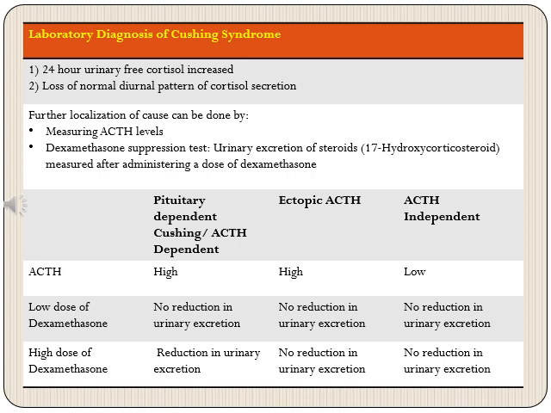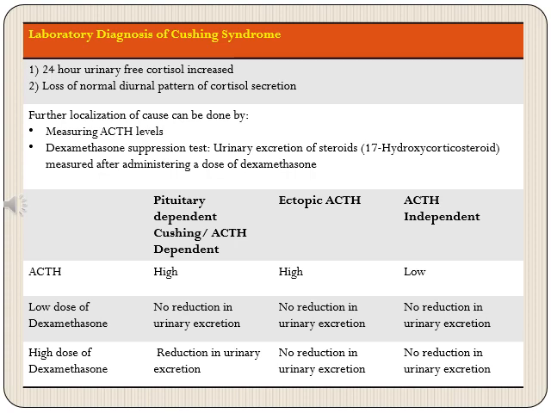If it is pituitary dependent or ACTH dependent Cushing, then ACTH will be high as the problem is in the pituitary; there is some ACTH secreting pituitary adenoma. When we do the low dose dexamethasone challenge, there will be no reduction in urinary excretion of 17-hydroxycorticosteroid. But if we give a high dose of dexamethasone, then there will be reduction in urinary excretion of 17-hydroxycorticosteroid.